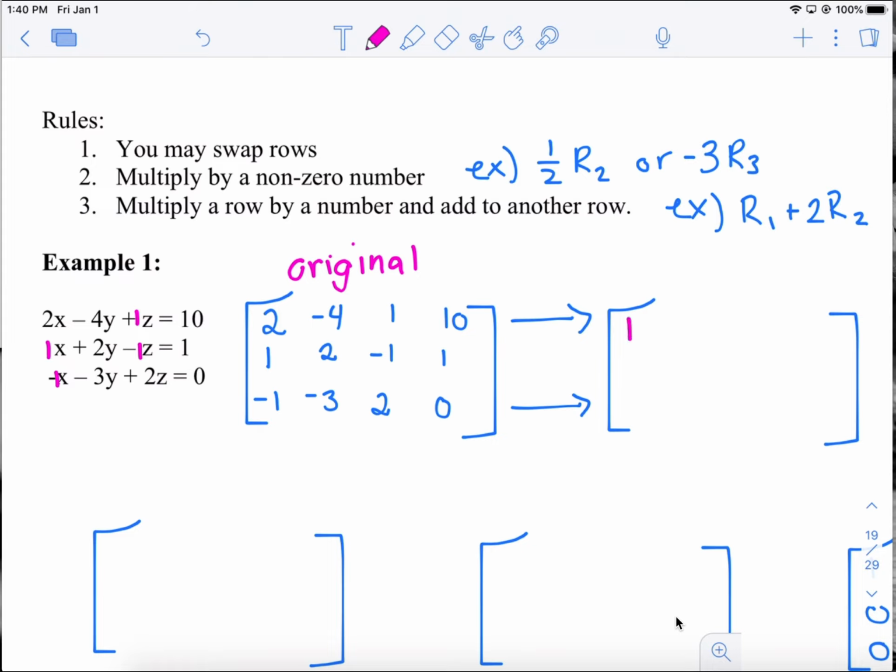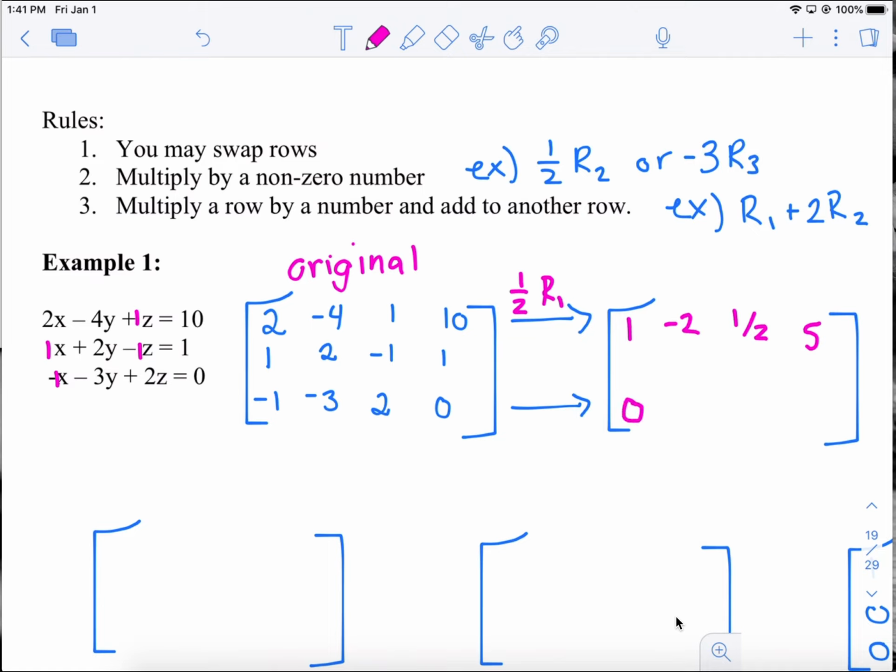So if I'm going to do that, I would have to take that 2 and cut it in half. So I'm going to cut my first row, row 1, in half. So that's going to give me 1, negative 2, a 1/2, and a 5. Okay? While I'm there, I also notice that I can force a 0 in this row.